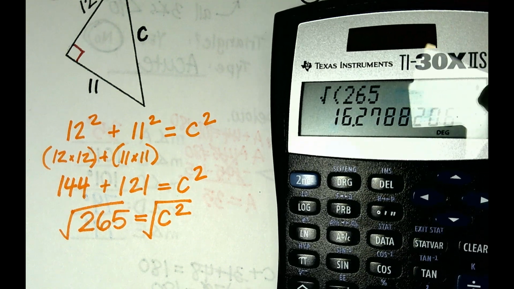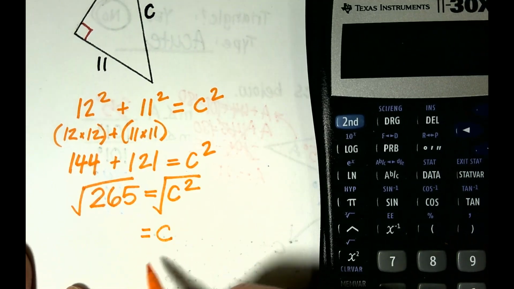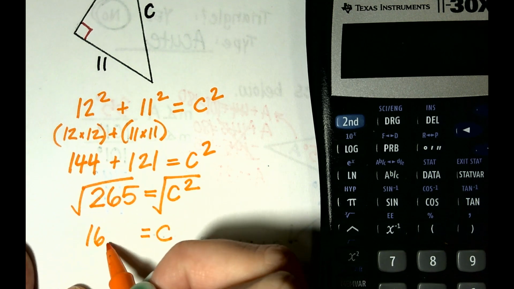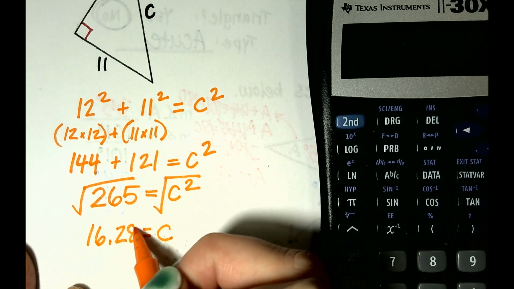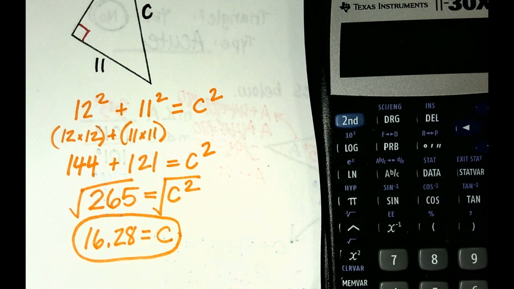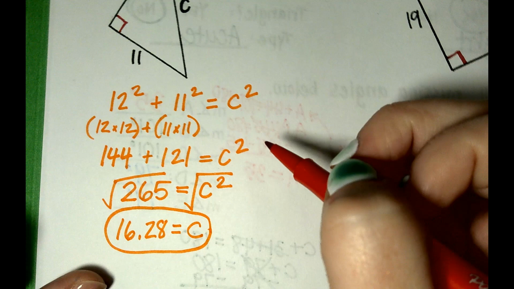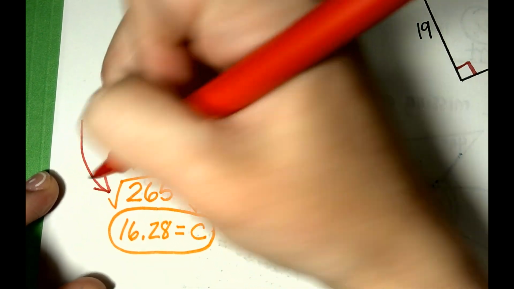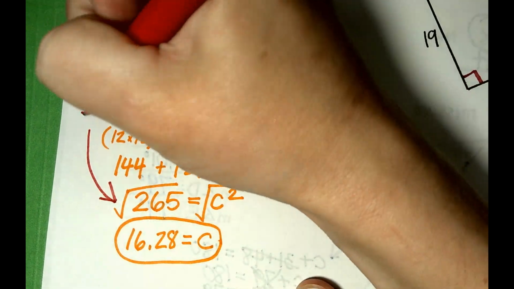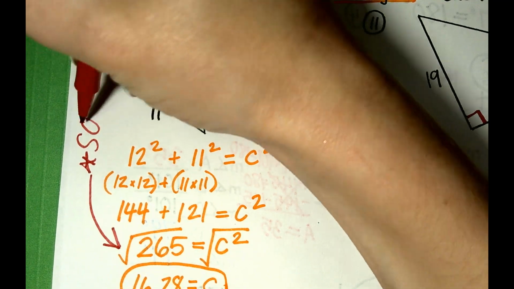So I'm going to write C is 16.28. And if it will help you remember, write a note. Big star. Square root.